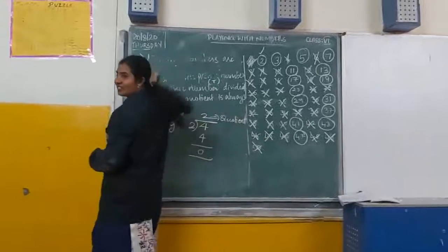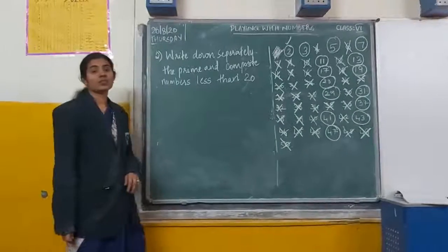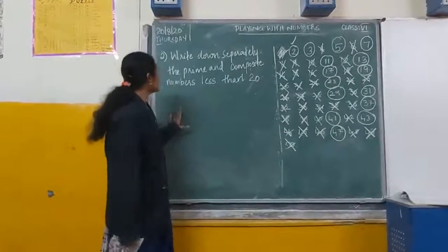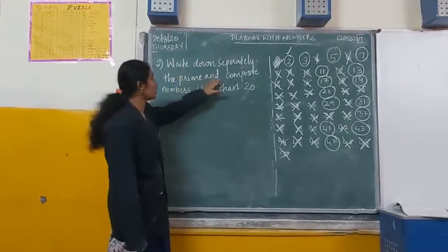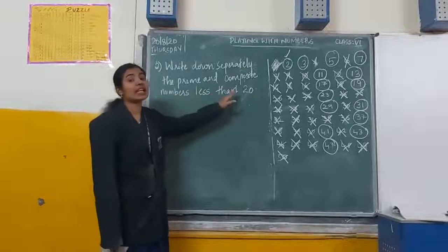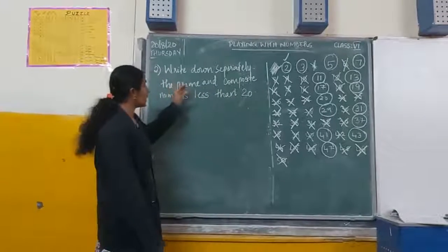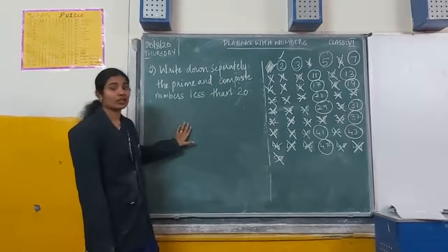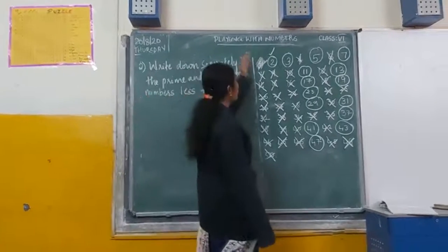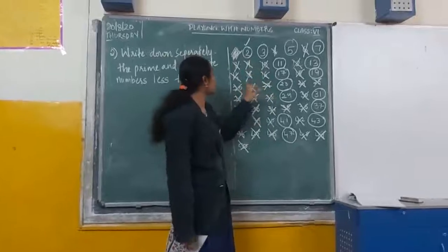You can also give some responses. See the next question. Write down separately the prime and composite numbers less than 20. Here you can see the numbers from 1 to 20 we are writing.